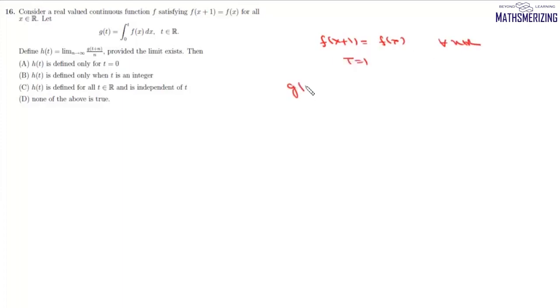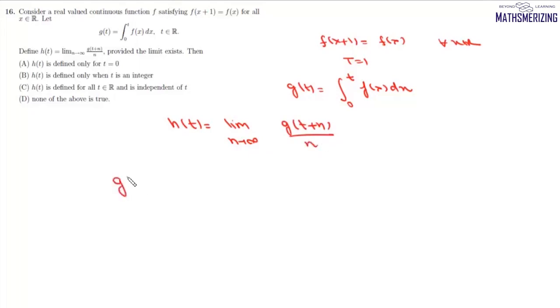We are given that g(t) is this integral from 0 to t of f(x) dx, and we have defined this function h(t) as this limit n tends to infinity of g(t + n) upon n.